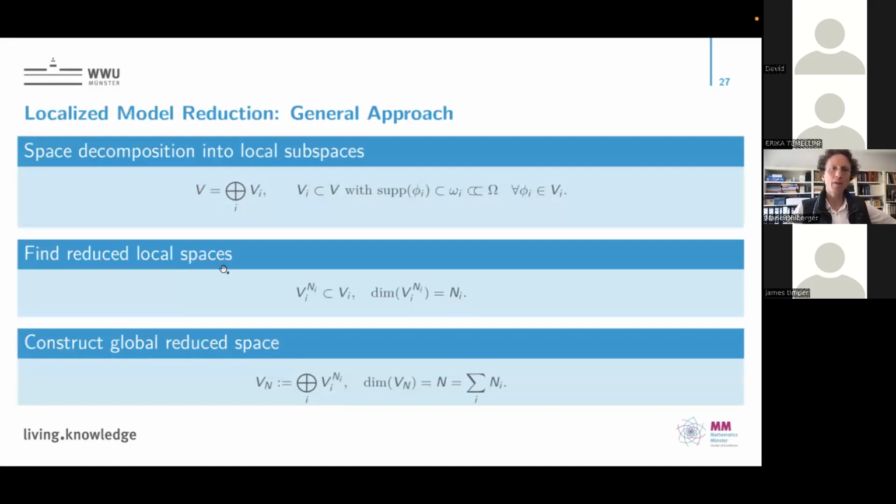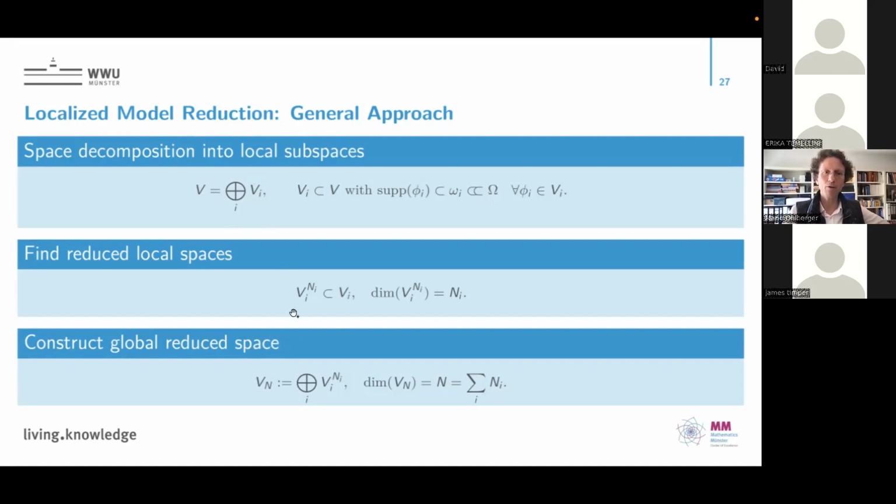We have a global solution space. This is your finite element space, and we want to localize, which means that we want to decompose into local spaces V_i, where these V_i are compactly supported in some area omega_i, which is compact in omega. If this is the case, then the reduced spaces should not directly be constructed for the global space, but for the local components.